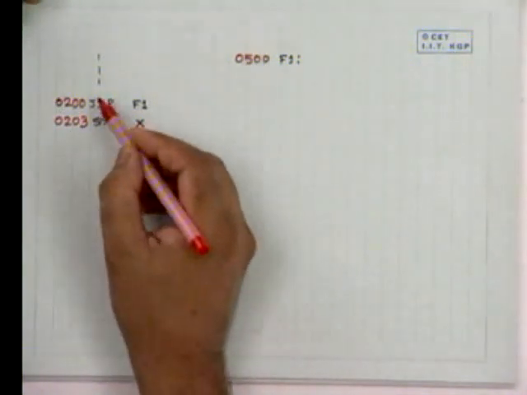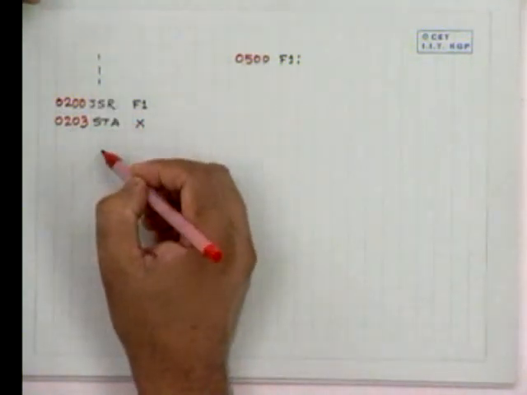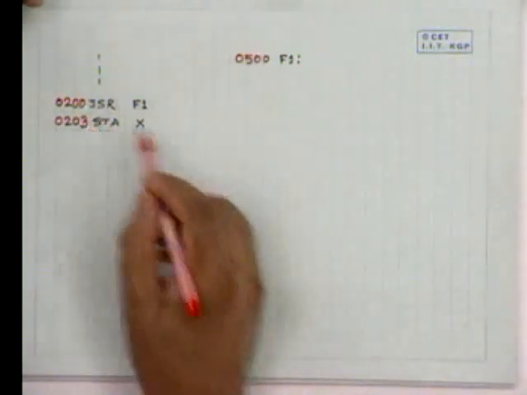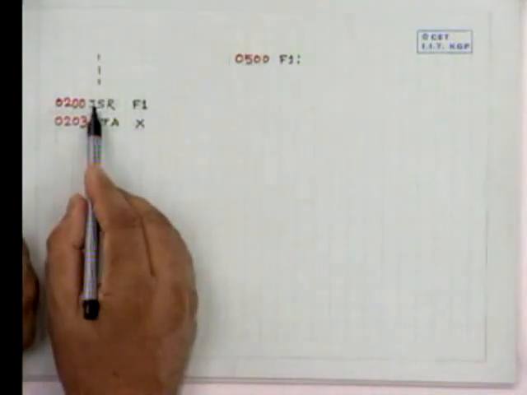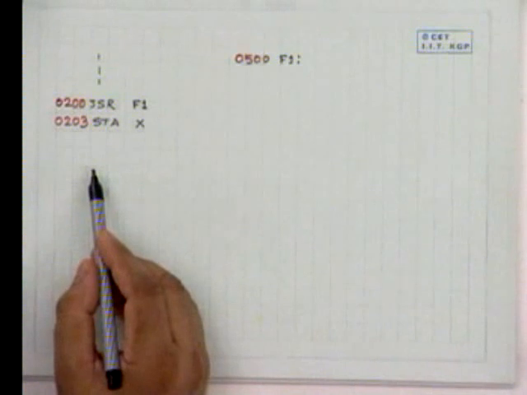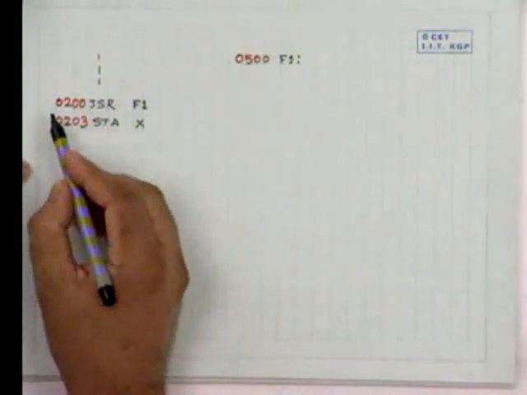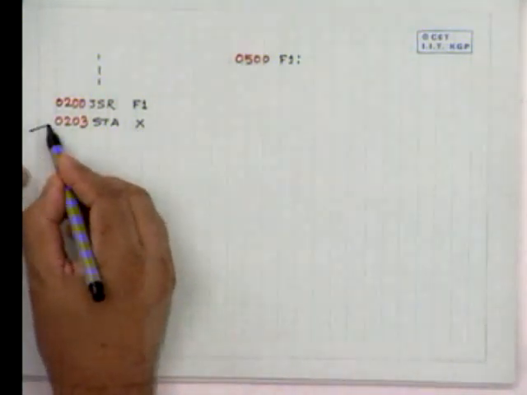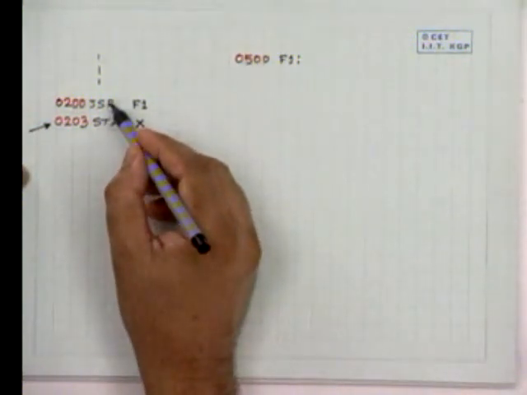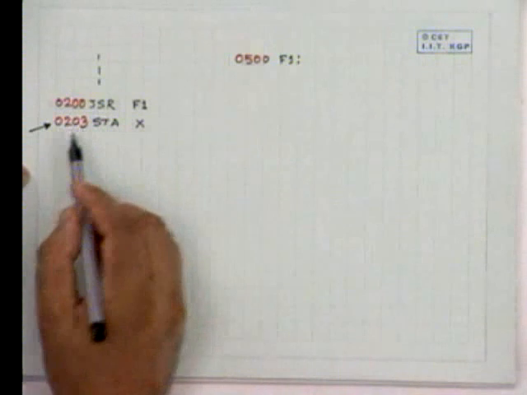And I said that this is a byte oriented simple machine, and therefore these addresses can be either even or odd. Now when this instruction JSR is being executed, the program counter is now pointing to 0203, and at the end of this JSR instruction, the program counter will contain 0203.